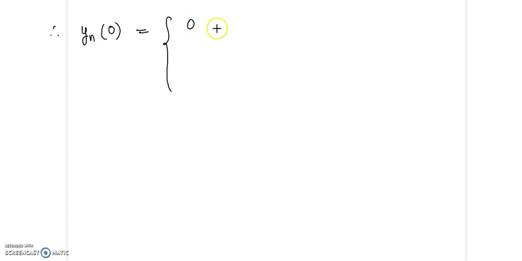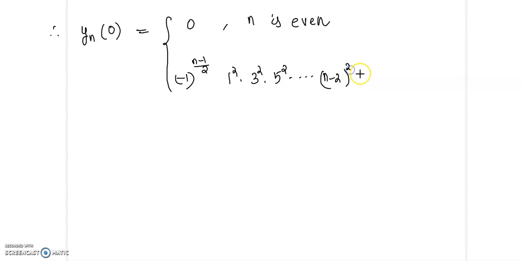When n is even, the value of y_n will be equal to 0, and when n is odd, we will have (minus 1) to the power (n minus 1)/2, into 1 squared into 3 squared into 5 squared up to (n minus 2) whole squared, where n is odd. So that is the required value of the nth derivative.